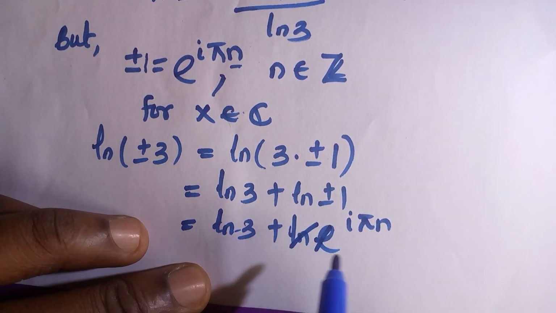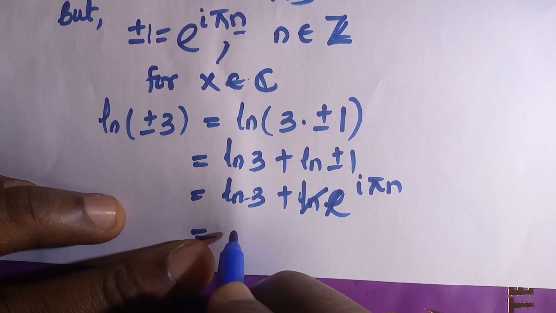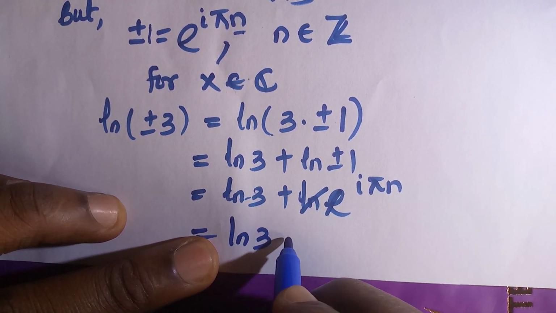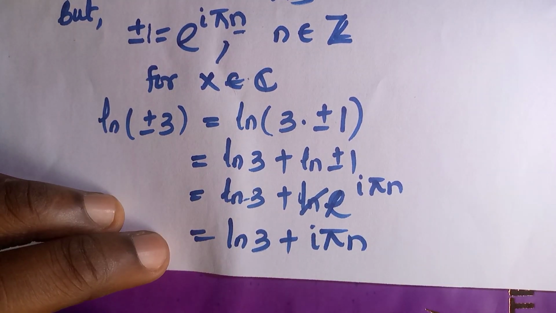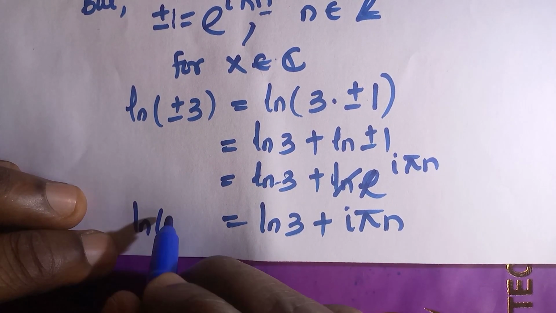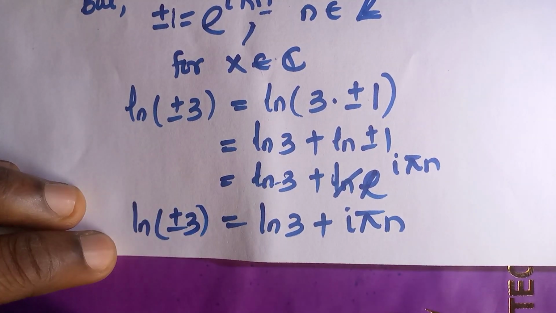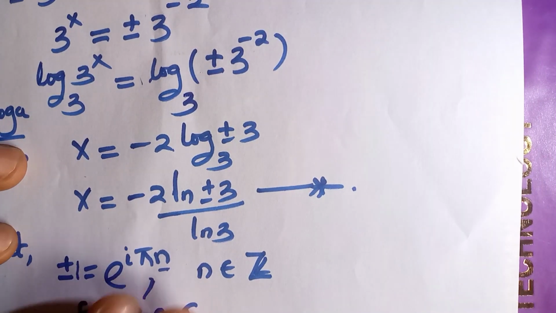So exponential and ln are inverses. Therefore, we have ln of 3 plus i pi n. So here is the result for ln of plus or minus 3. Then we come back to where we have the value of x.